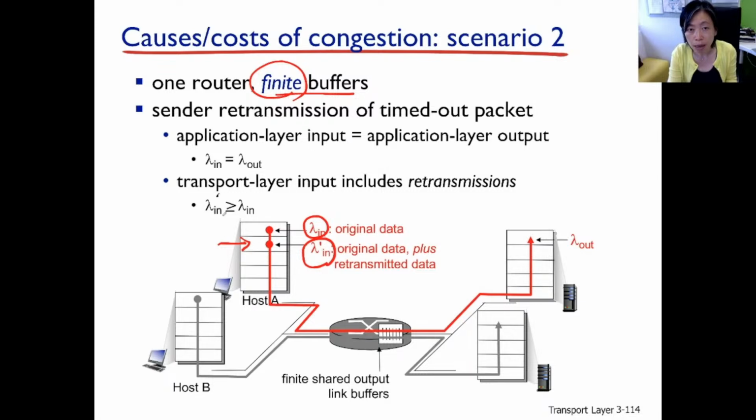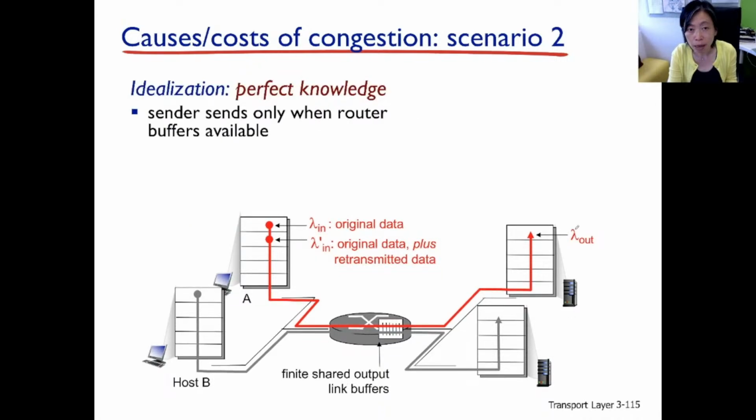Then we'll see lambda in prime should be greater or equal to lambda in, because it should definitely contain the amount of data we need to send out, plus potentially retransmissions of some of this data. Right? Lambda in, lambda out, the same thing. At the application layer, lambda in is going to be very much like lambda out. How much we send out, in the end, at the end of the time, lambda out is going to come out. And that was just to describe scenario 2.